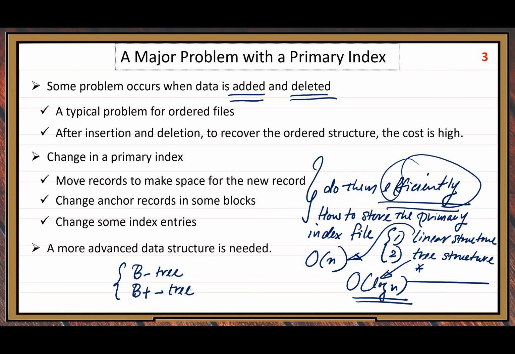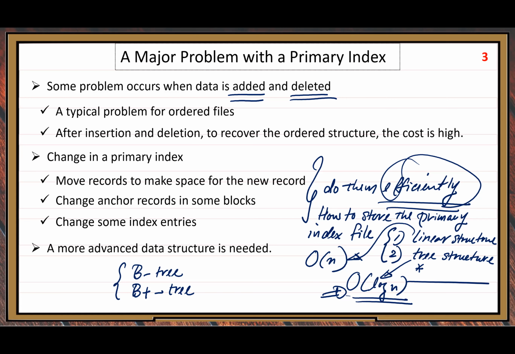First, we can find a location in big O of log n, very fast. Then, after we find the location, in that B plus tree node we leave some space for the insertion. The design is pretty complicated, but very smart. By default, it leaves quite some space for the insertion.